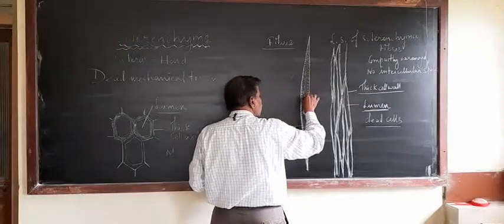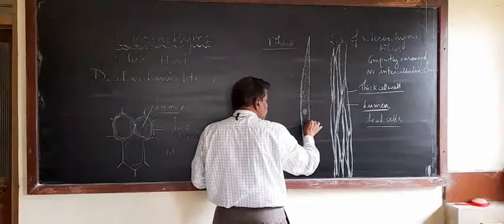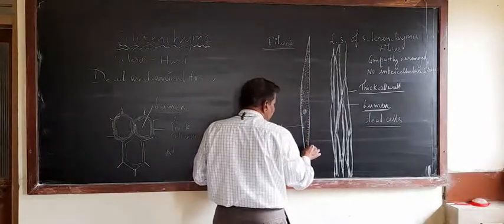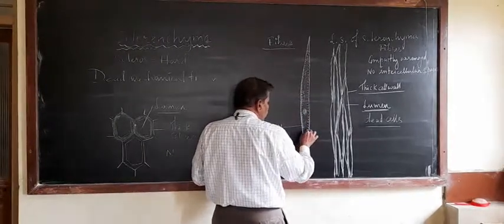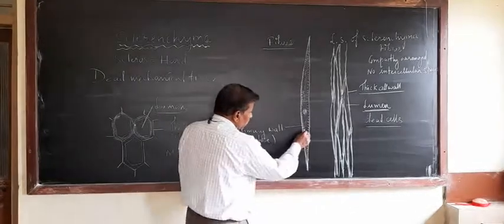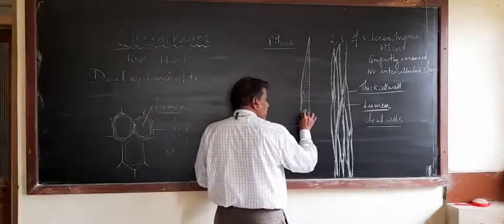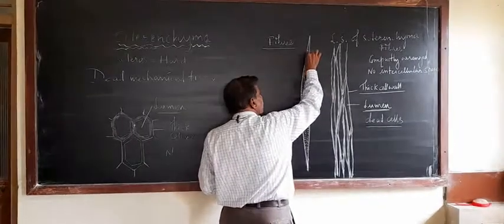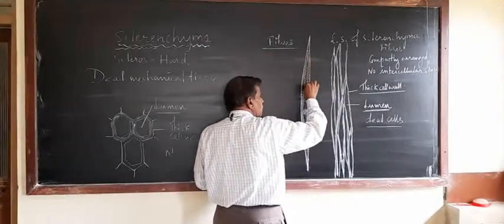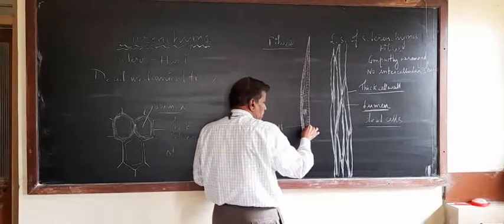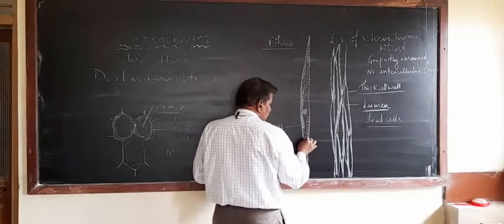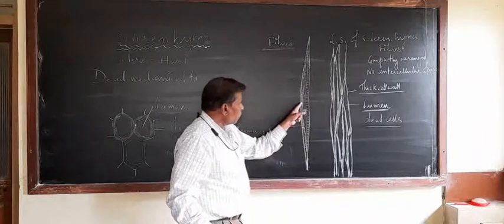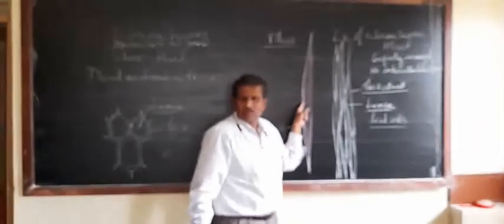Once the lignin is deposited, the cell wall becomes thick. Look here, this is the lignin. It is continuously deposited at all places on the primary wall. As a result, a thick uniform wall is produced.